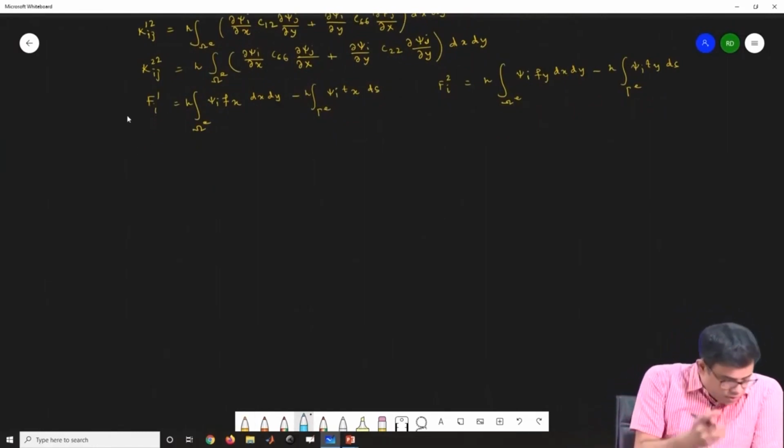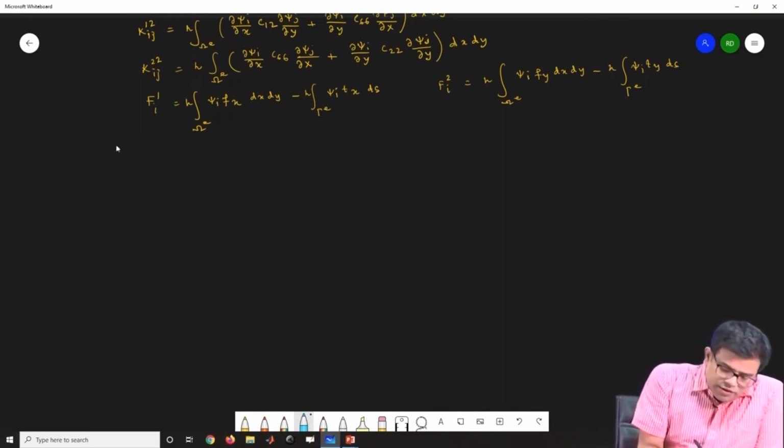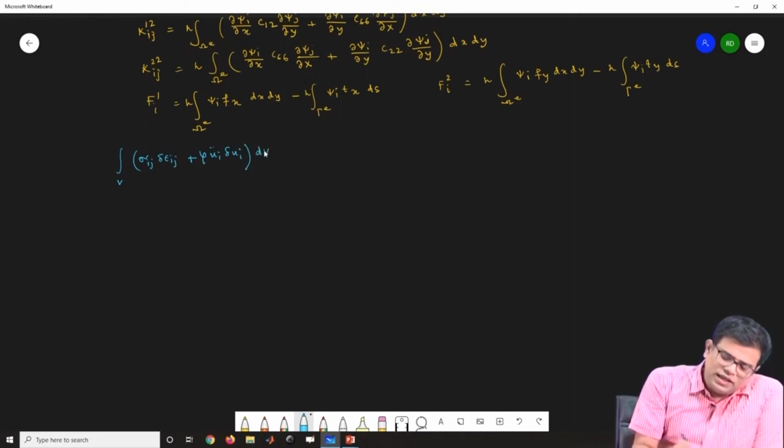If you remember the virtual displacement equation that we studied in the previous class, it is the integral over the volume of sigma ij, variation of strain ij, plus rho ui double dot into delta ui, over dv, minus the integral of fi delta ui dv, all over the volume.